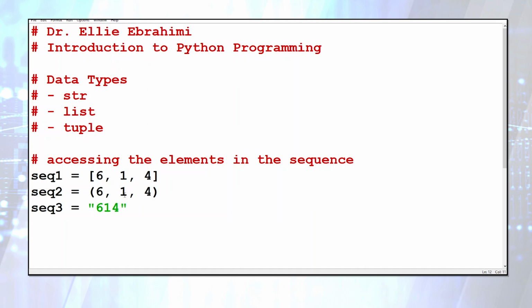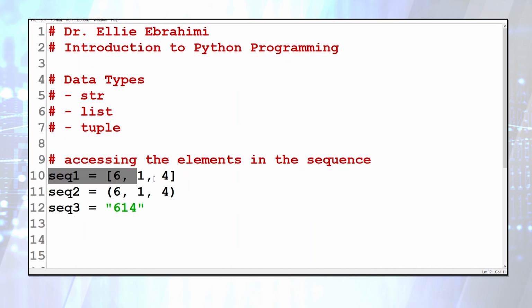So in all three of these sequences, I have values 6, 1, and 4. But the way that I created them is different, and that means they are different data types. Looking at the line numbers, in line 10, I have a list. In line 11, I have a tuple. And in line 12, I have a string.